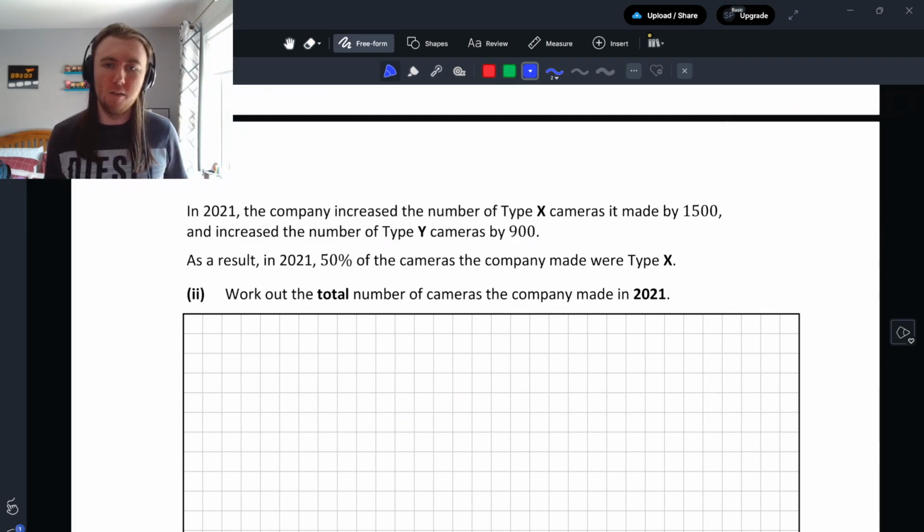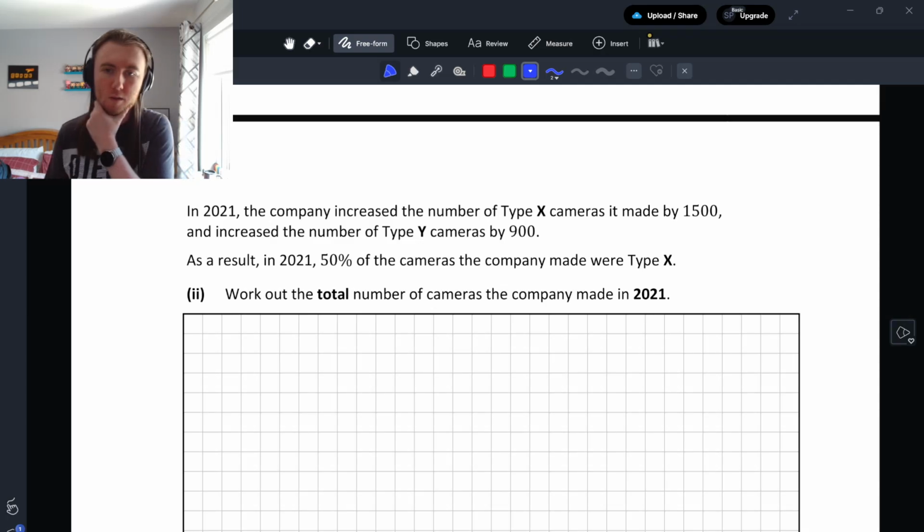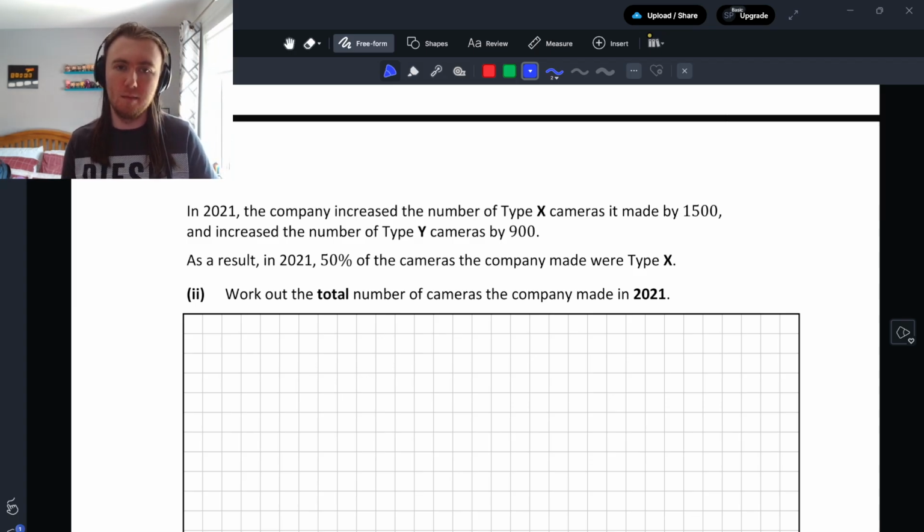In 2021, the company increased the number of Type X cameras by 1,500, increased the number of Type Y by 900. As a result, 50% of the cameras the company made were Type X. Right, the total number of cameras the company made in 2021. Okay. Increased number of Type X cameras made by 1,500.